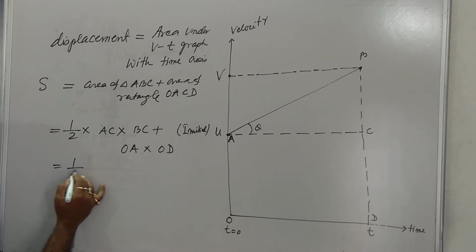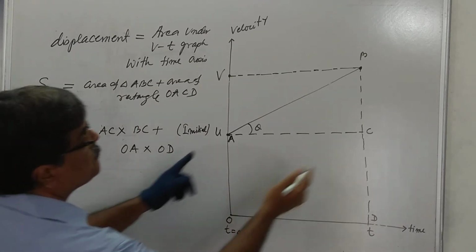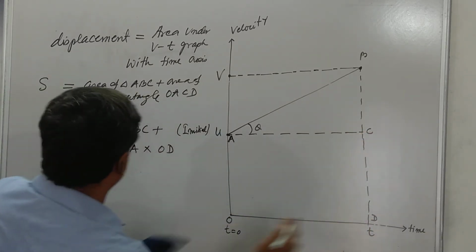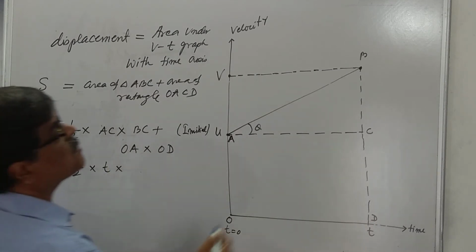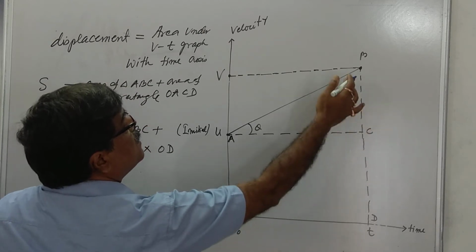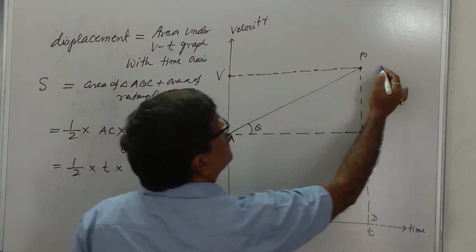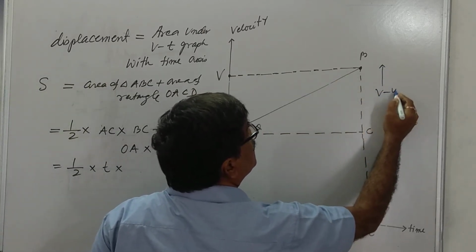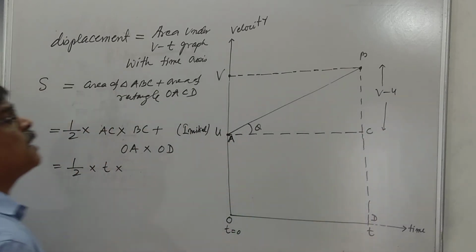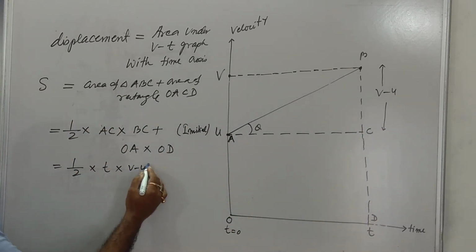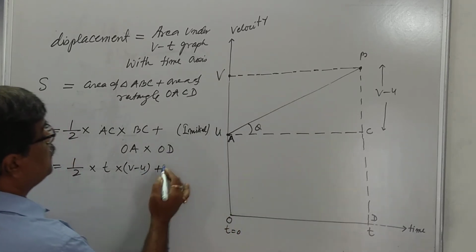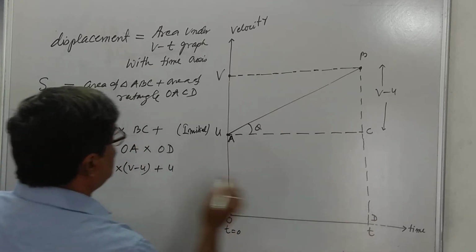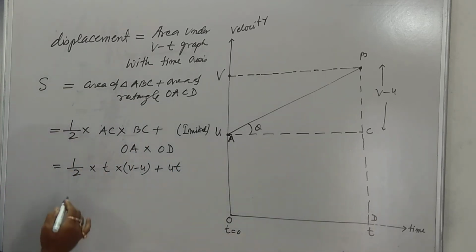So what is the result? Half, what is AC? AC means t. And what is BC? This represents v minus u. Plus OA represents u and OD represents t, this is ut.